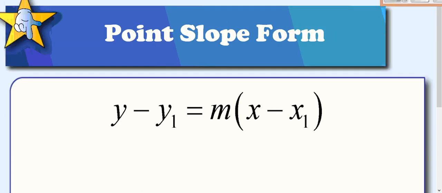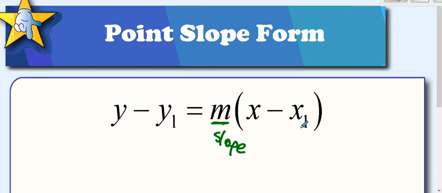Another equation of the line, pretty commonly used, that we'll use today, is point-slope form. m is the slope, still, just like y equals mx plus b. But what's nice about it is you don't have to know the y-intercept.